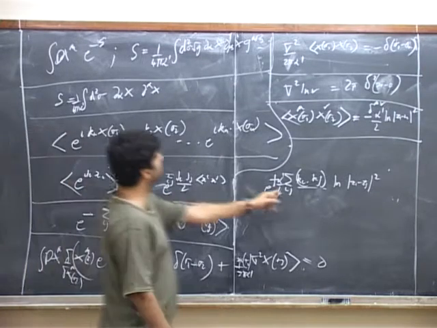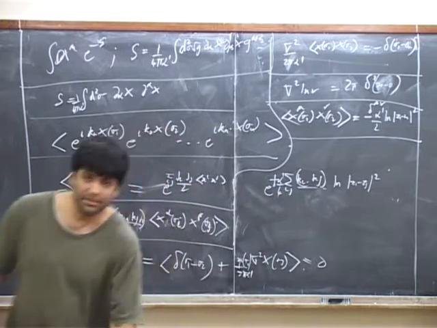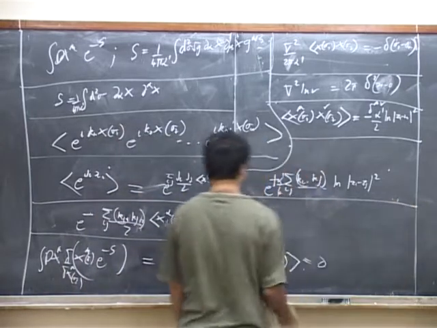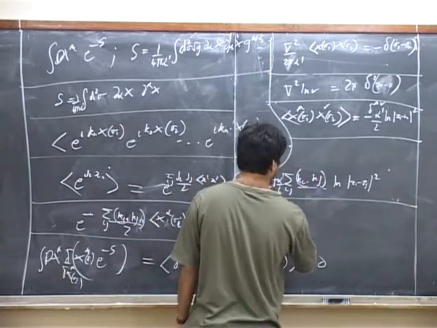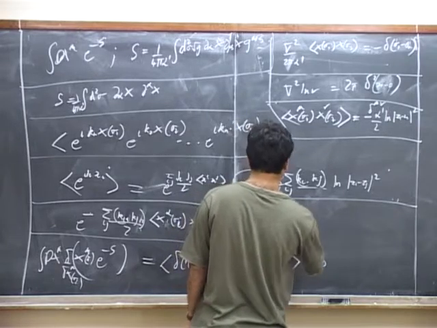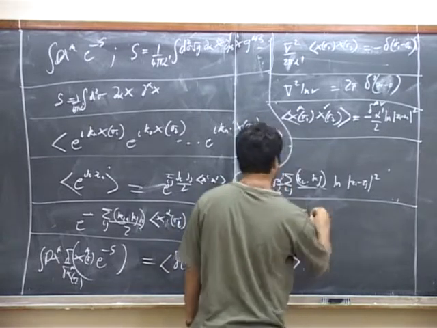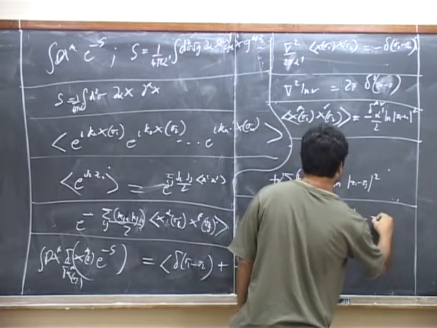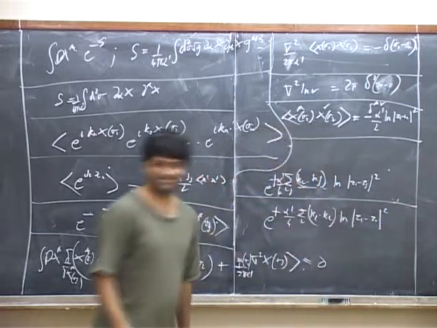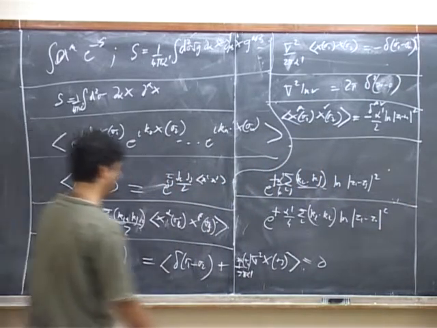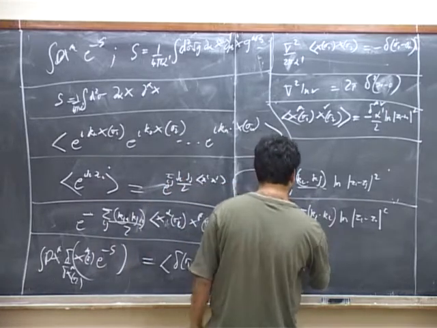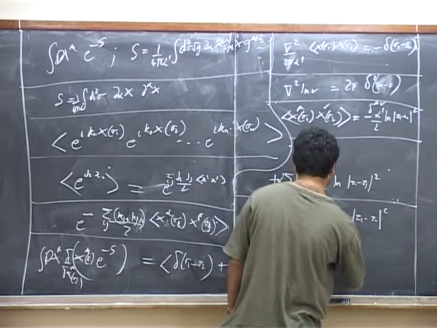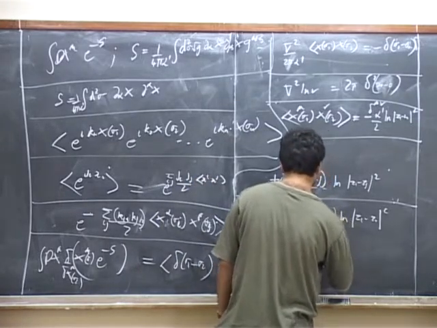Okay? Now this sum has two kinds of terms: the terms where i is equal to j, and the terms where i is not equal to j. So breaking this up into the two terms, we get e to the power plus alpha prime by 4 sum over i of ki dot ki ln of (zi minus zi) the whole thing squared, times the other stuff, which is zij, where zij is zi minus zj, to the power ki dot kj by 2, the whole thing squared.